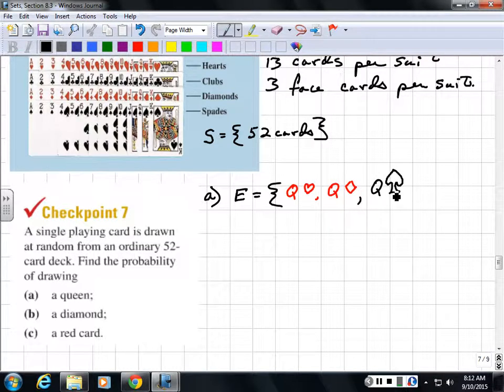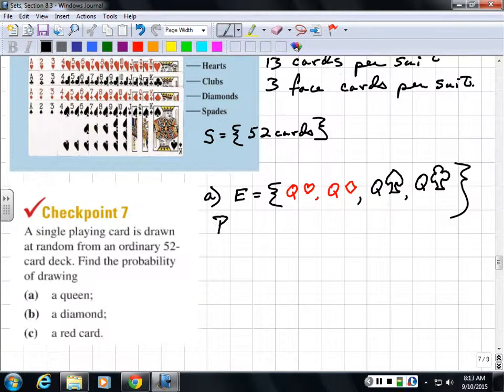It's not my best one. And we can have a queen of clubs. Didn't mean to go off at an angle there. That's our event, okay?